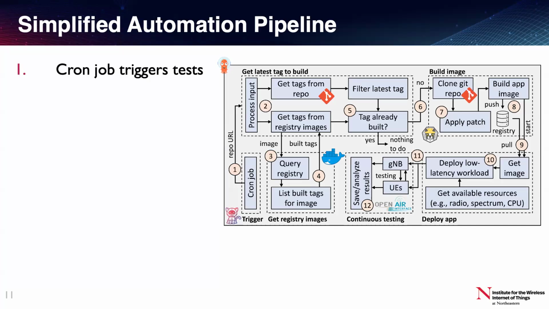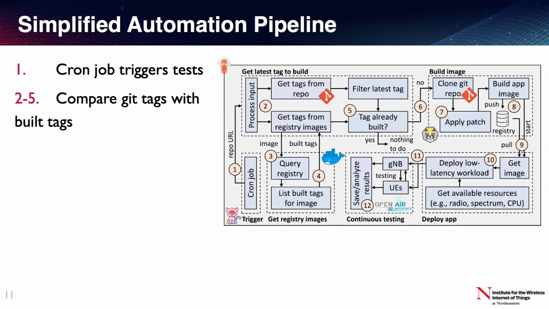But at a high level, we have some operations, marked here with number 1, that take care of periodically triggering my test. So I have some tasks that at a given time of the day will start the rest of my pipeline, which is the pipeline that we use to build, deploy, and test.